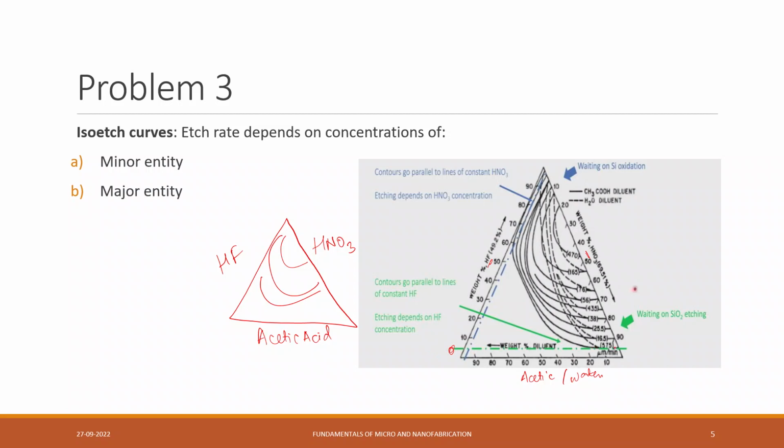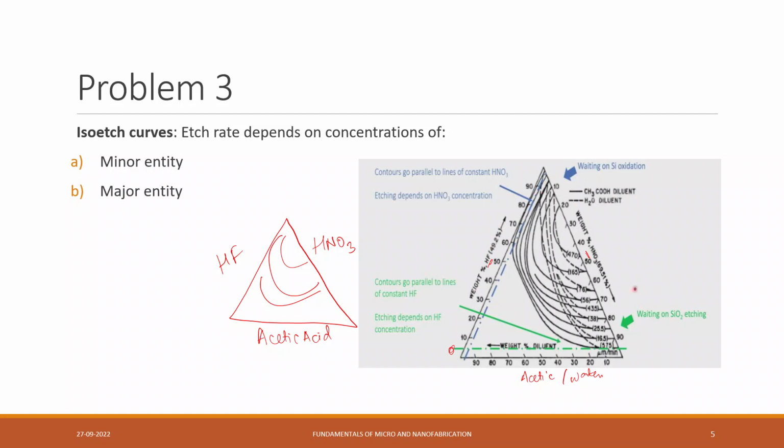Here you can see the etch rates are along this line, whatever the concentration of HNO3, it doesn't matter. The etch rate would be 5.75 micron per minute, and it goes the same when we look at the HNO3 case also. With HNO3 very low, less than 5%, and with varying HF concentrations, it essentially comes down to the same thing.